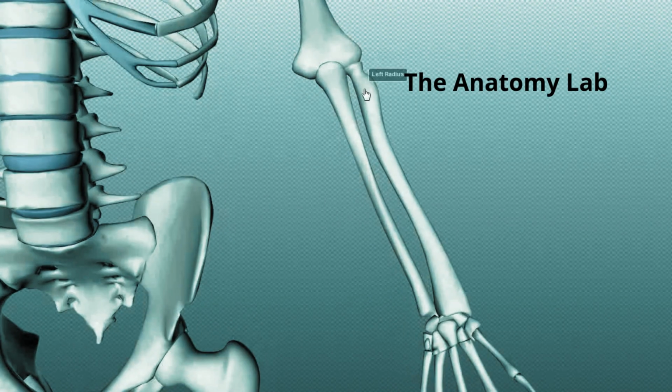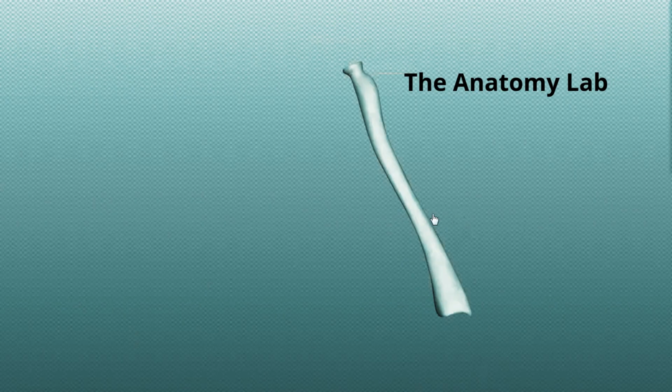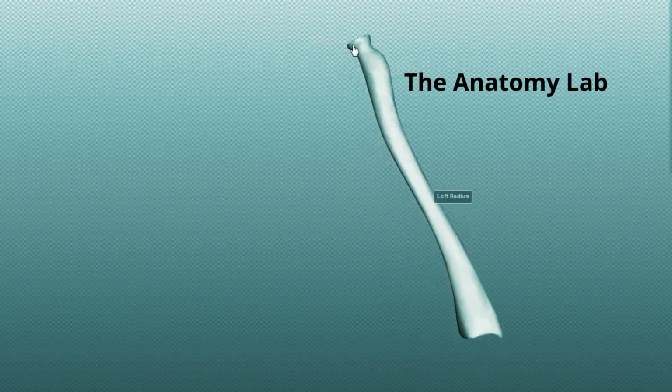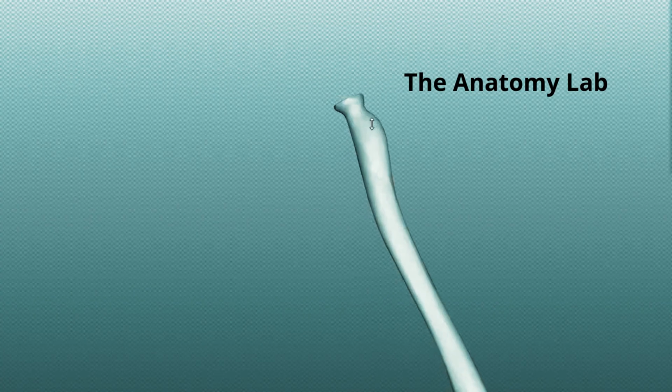So the radius bone is this bone here, this lateral bone in the forearm. So I'll just highlight it. So on the radius you've got this bit here which is called the head, and just inferior to that you've got the neck. So I'll just zoom in a bit. So this round bit at the top is called the head. Inferior to that you've got the neck, and then you've got this tuberosity here.